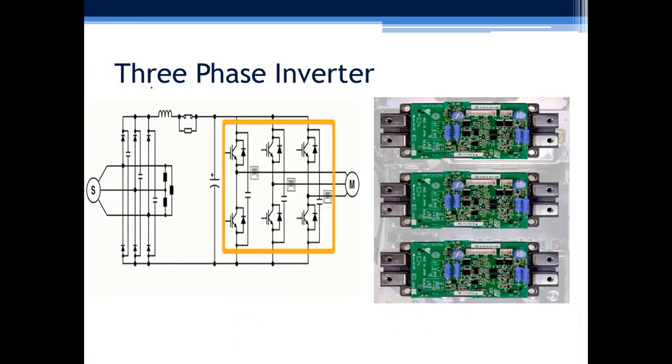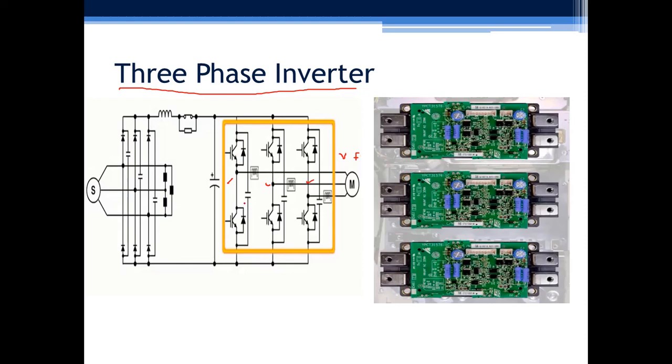Now the next part is the three-phase inverter. This inverter consists of three legs: first leg, second leg and third leg. It will convert DC voltage into alternating voltage, whose V and F will be controlled. Here you can see three legs.